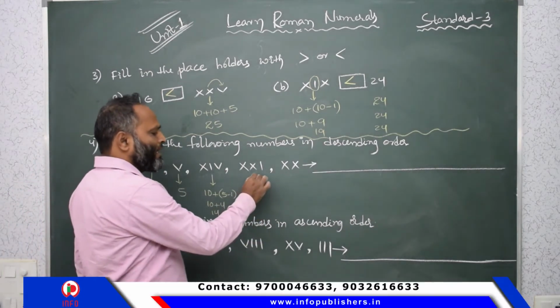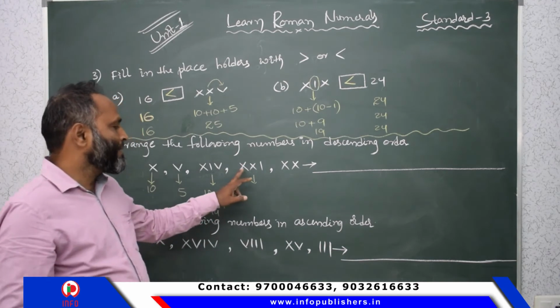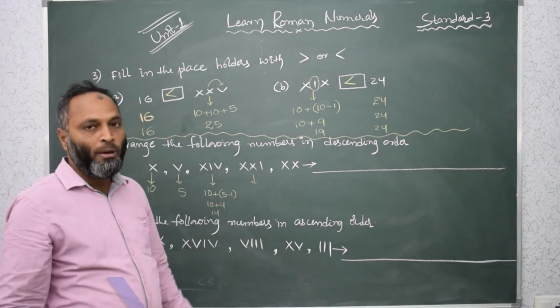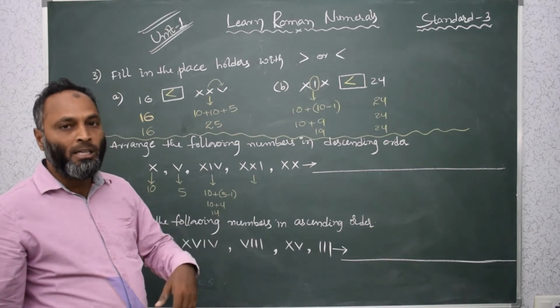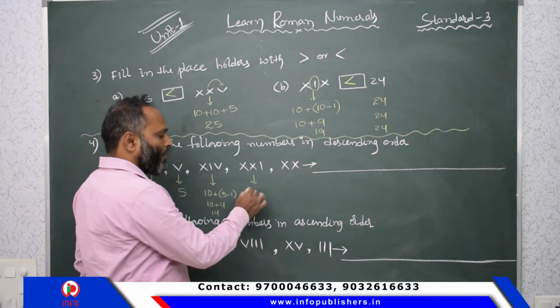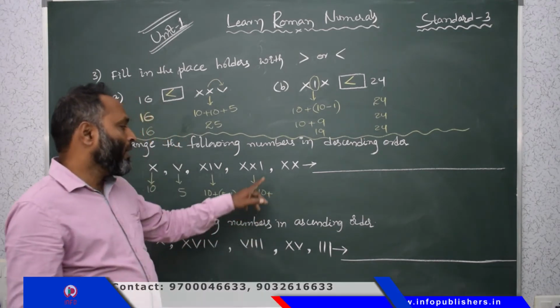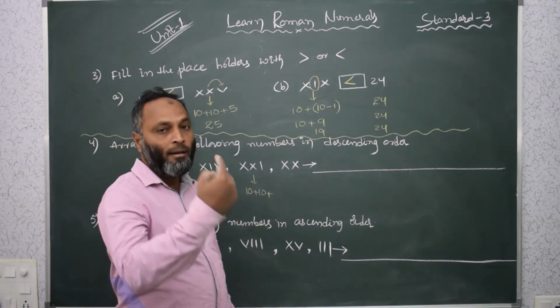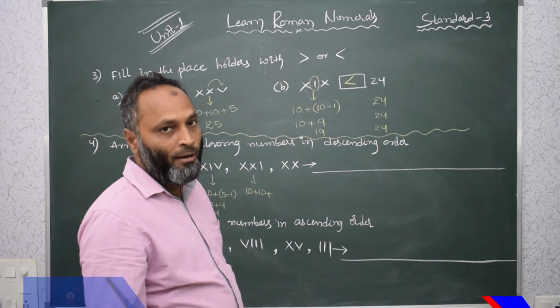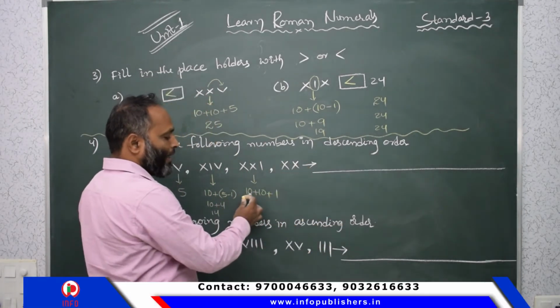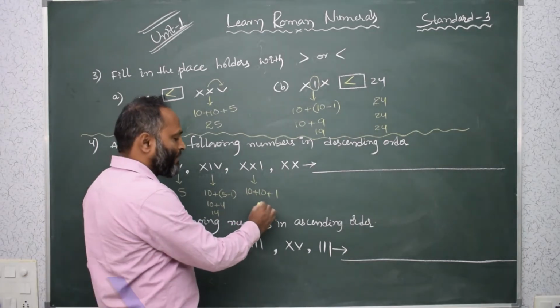Here X repeats 2 times. If any Roman numeral repeats 2 times, it means we have to add, that is 10 plus 10. And after that, the smaller Roman numeral is on the right side of the bigger Roman numeral. According to our second rule, we add 10 plus 10, 20, 20 plus 1, 21.